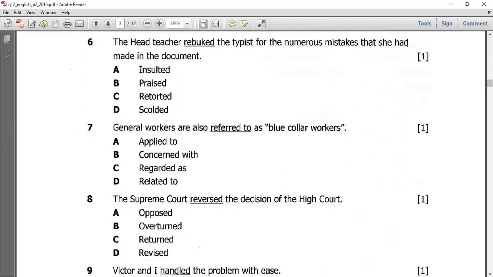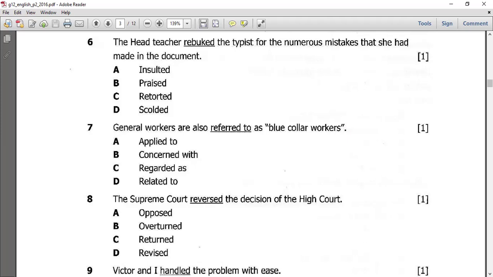Question number 6. The head teacher rebuked the typist for the numerous mistakes that she had made in the document. To rebuke: insulted, no. Praised isn't to rebuke, retorted isn't to rebuke, but the correct answer is scolded.